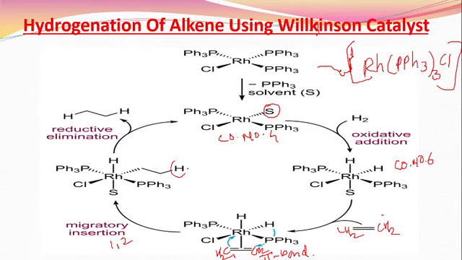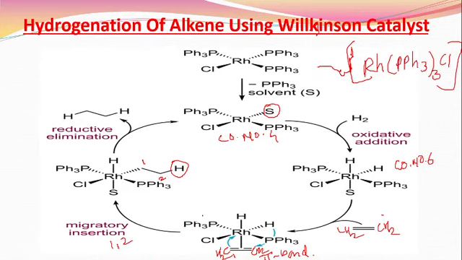This hydrogen is added to carbon number 2. That's why it is called a 1,2 migratory insertion. This is called migratory insertion.